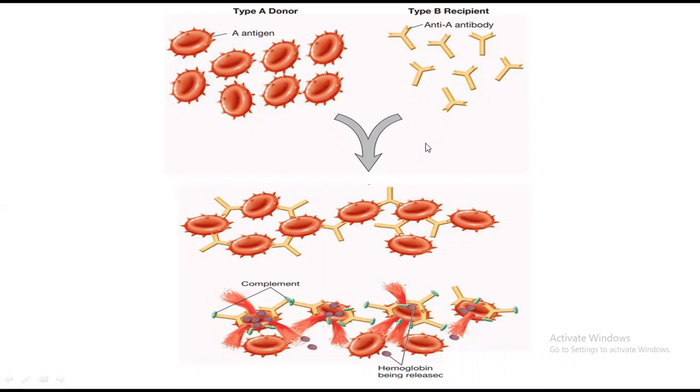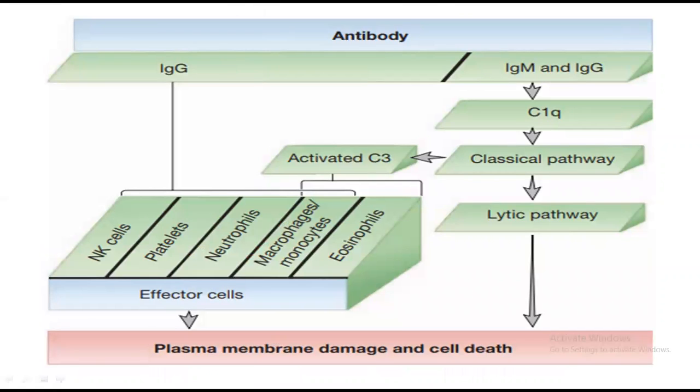Different chemical mediators will be produced, and different antibodies will be produced. They will bind to that RBC, and they will start the destruction of the RBC by producing different complement proteins and different other types of immune cells. This is the overview of it.